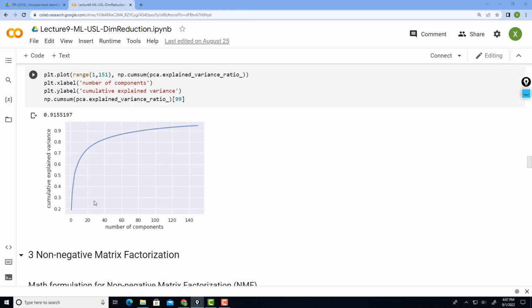And another important thing, basically here we're checking how you are capturing the variability of the original training face images. So you can see that with 150 principal components, you indeed can capture more than 90% of the variability of the training images.